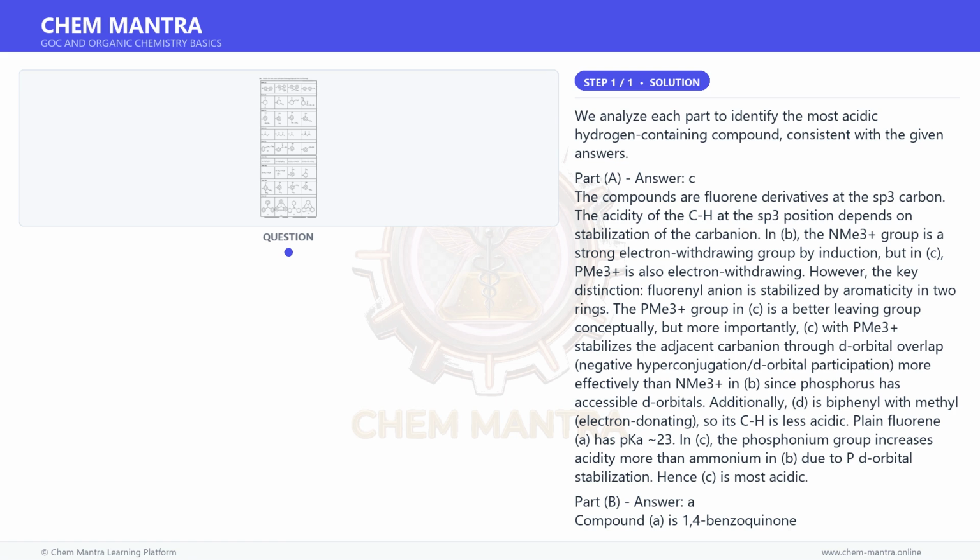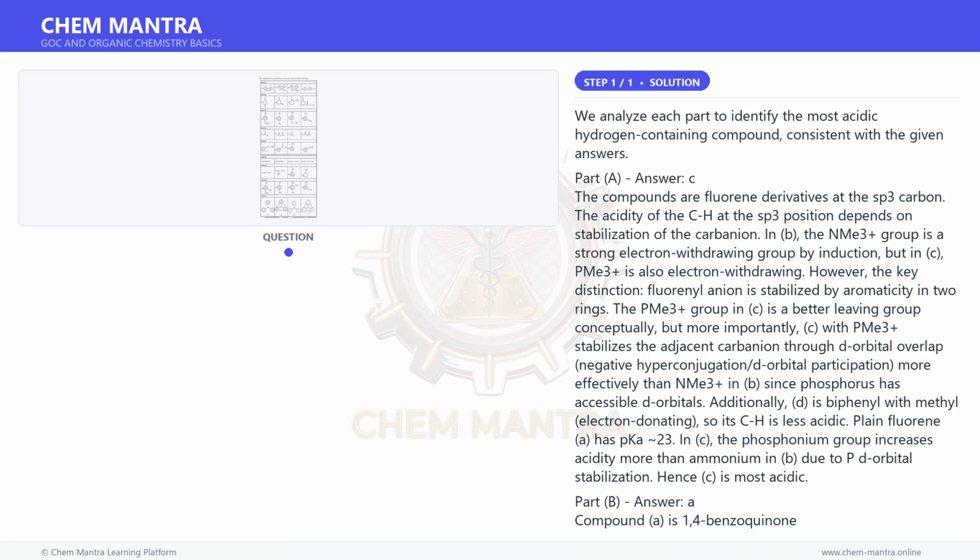Part I. Answer B. Compound A, triphenylmethane, Ph3CH, pKa about 31. B. Fluorene, sp3 CH2 between two aromatic rings forming cyclopentadienyl anion upon deprotonation, pKa about 23. C. Dicyclohexylmethane, sp3 CH, pKa about 50 plus.